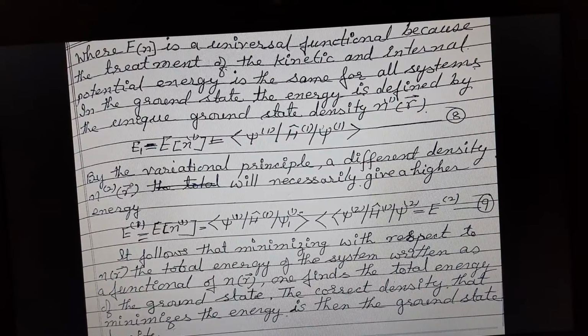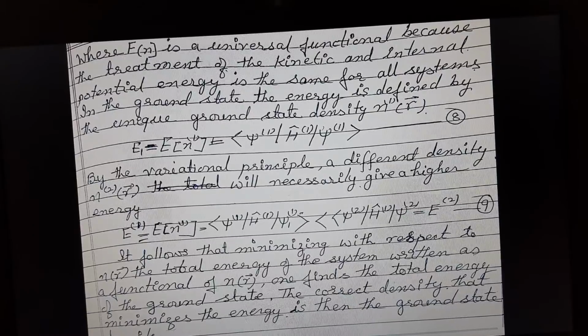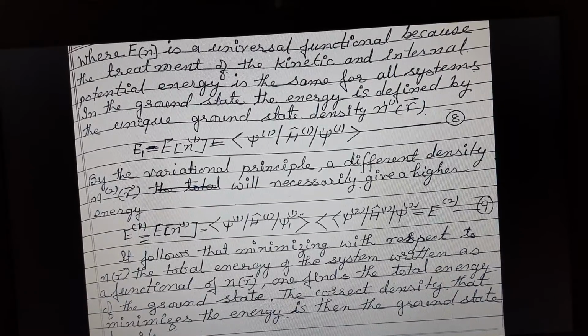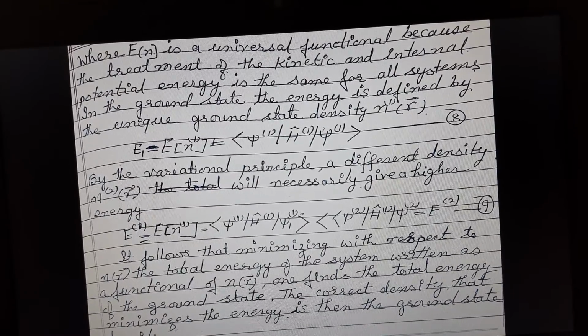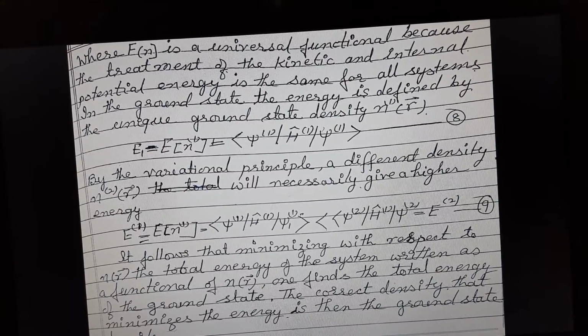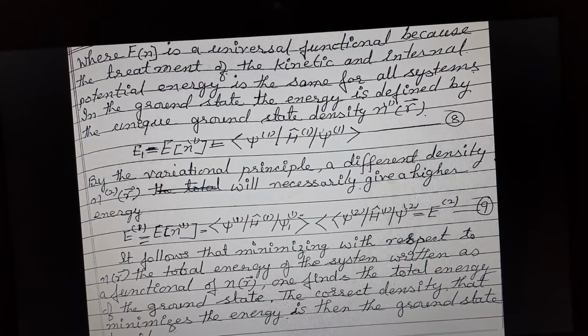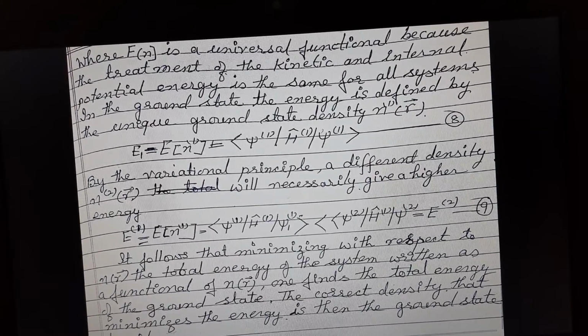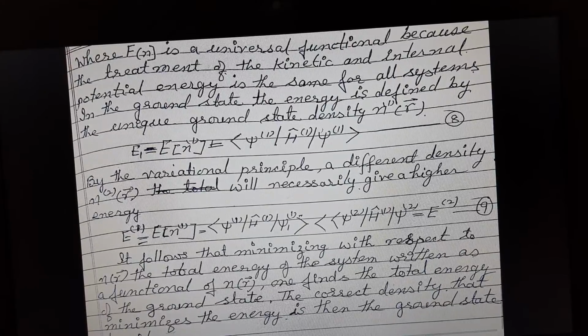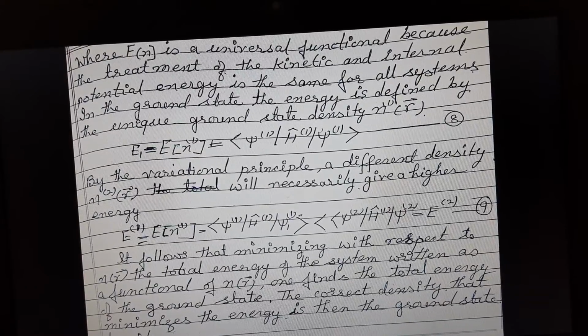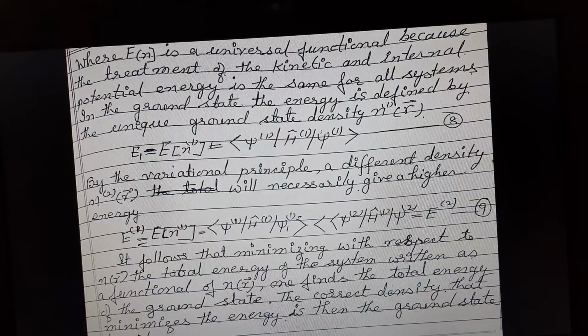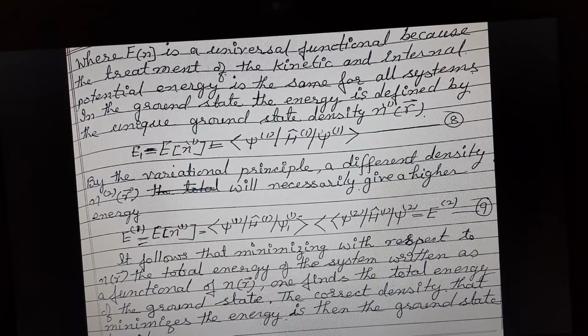By the variational principle, a different density n2(r) will necessarily give a higher energy. E1 is equal to E[n1] equal to <psi 1|Hamiltonian 1|psi 1> is less than <psi 2|Hamiltonian 1|psi 2> is equal to E2. Equation number 9.